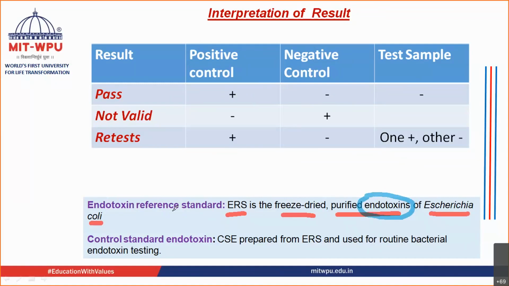From this ERS, you prepare CSE. This CSE is prepared from ERS and it is used for routine bacterial endotoxin testing. So it acts as a positive control. This CSE sample is going to contain endotoxin, right? Got it?